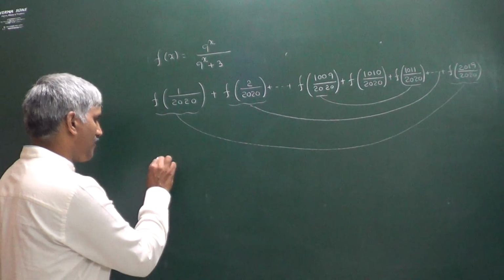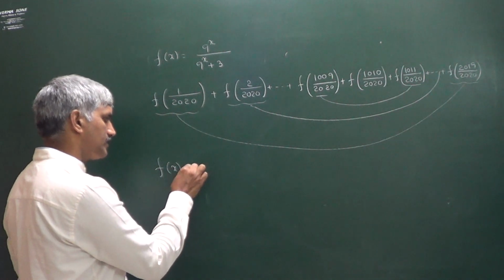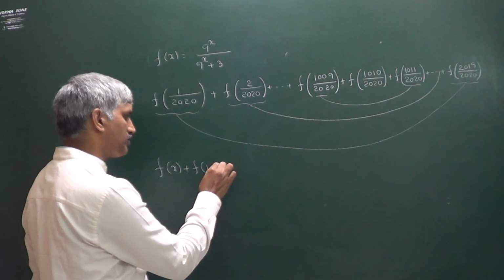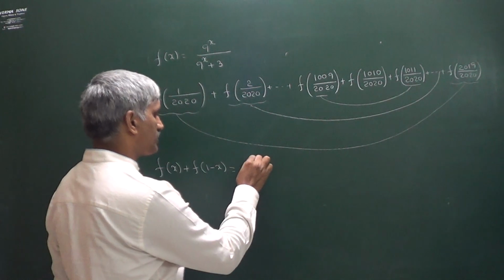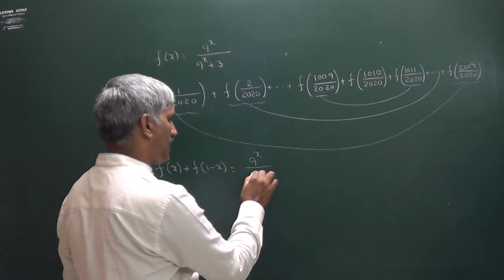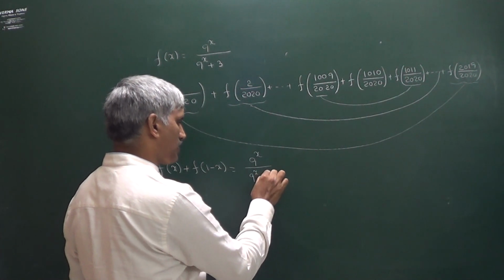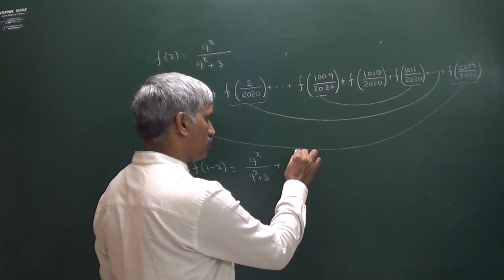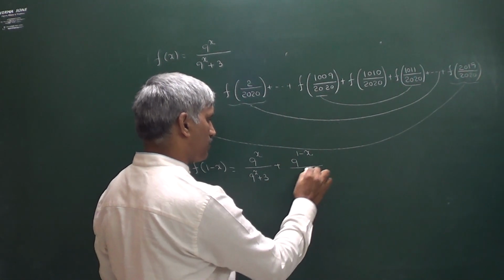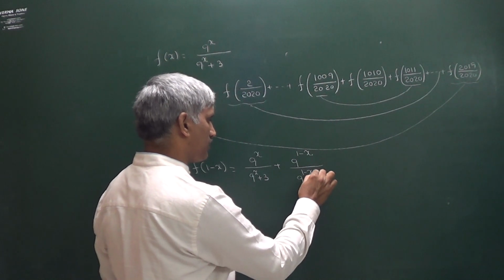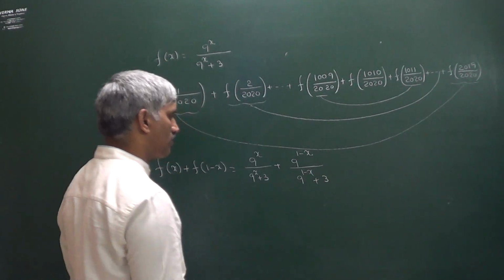So check here, I am finding f of x plus f of 1 minus x. f of x is nothing but 9 power x divided by 9 to the power of x plus 3. f of 1 minus x is equal to 9 power 1 minus x divided by 9 power 1 minus x plus 3. That is f of x plus f of 1 minus x.